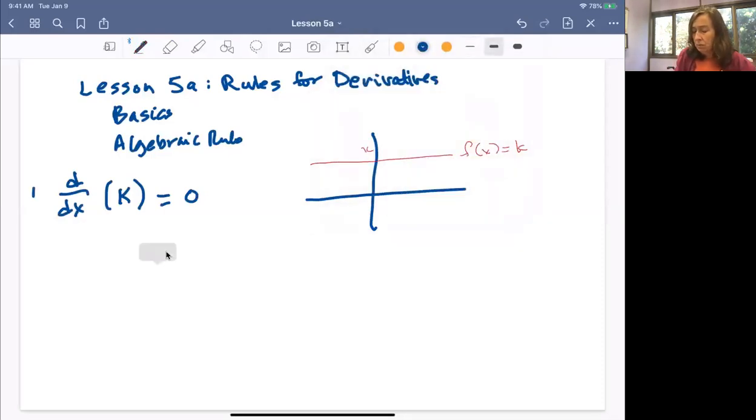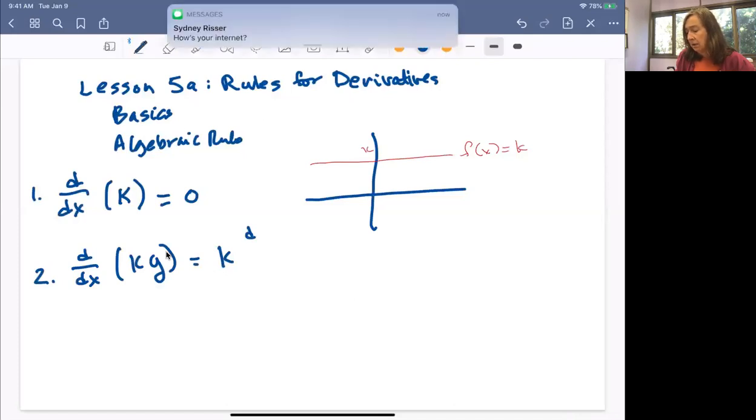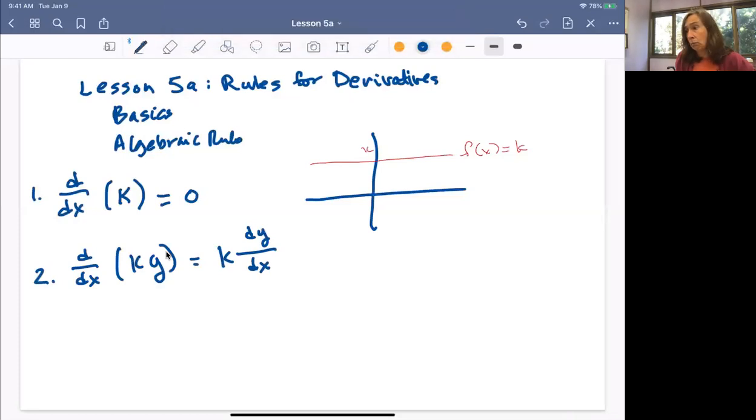Okay, so that's one. Next rule is if we're taking the derivative of a constant times a function of x, what that is, is that constant times the derivative. So last time we learned how to take the derivative of x squared. We took that as the limit of a difference quotient.